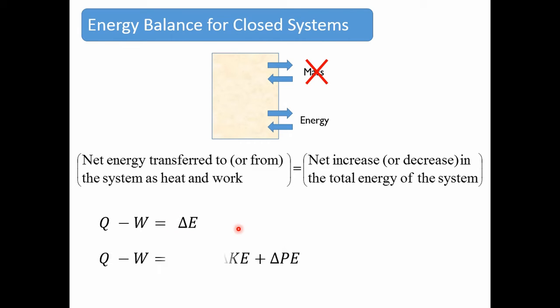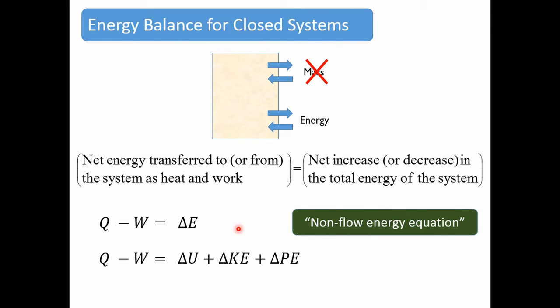And total energy of the system comprises of the microscopic forms of energies plus the macroscopic forms of energies. And we already know in thermodynamic analysis, we take only kinetic energy and gravitational potential energy as the macroscopic forms of energy.